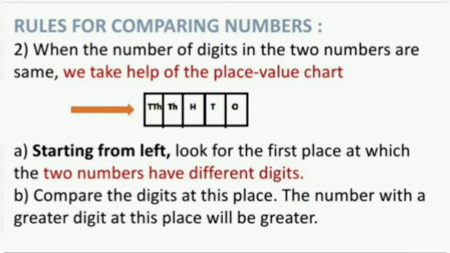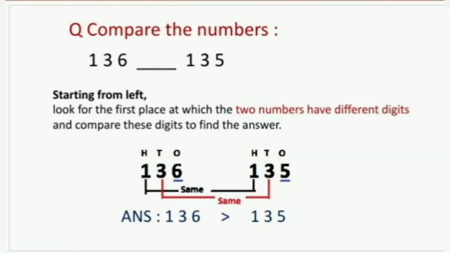So starting from left, look for the first place at which the two numbers have different digits, and compare the digits at this place. The number with a greater digit at this place will always be greater. Fine? Let's try to understand through given examples.